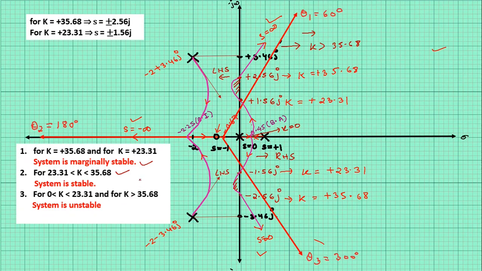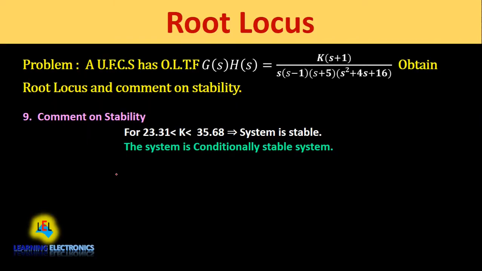Therefore the system is unstable in this range also. So the system is stable only in the range of 23.31 and 35.68. So since the stability of the system depends on the values of k, the system is said to be a conditionally stable system here.